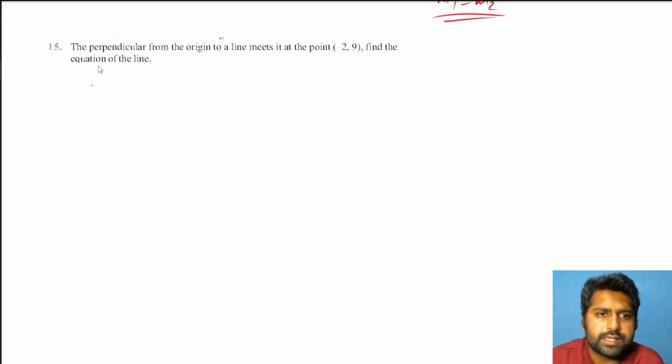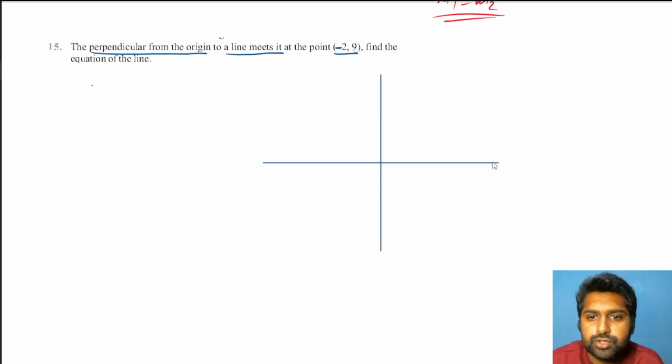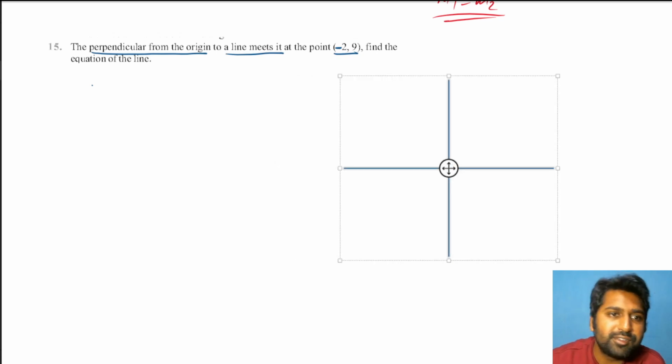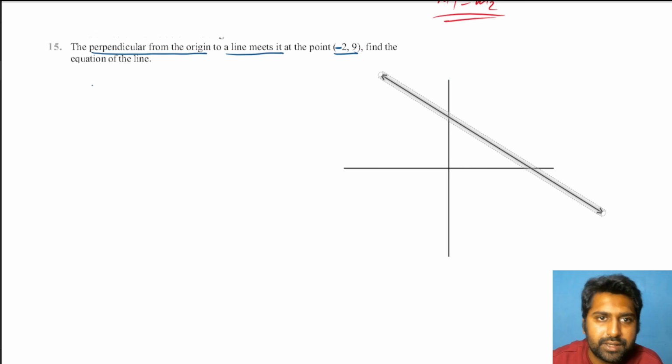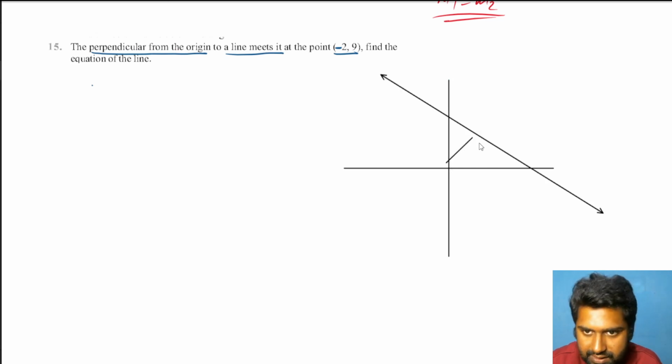Okay, next question is saying that the perpendicular from origin to a line meets at minus 2 comma 9. Find the equation of line. Very short language. Usually whenever you have a short language, a lot of information is hidden. He's saying draw perpendicular through origin, so like that.